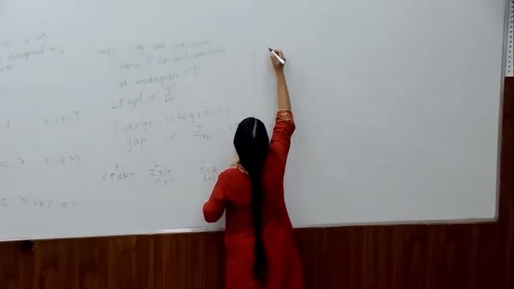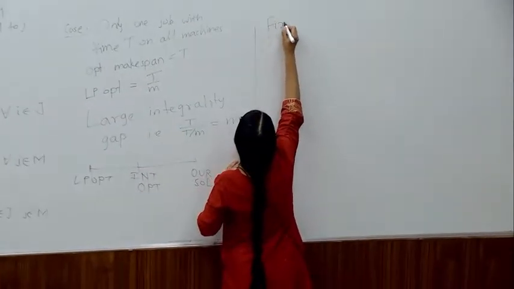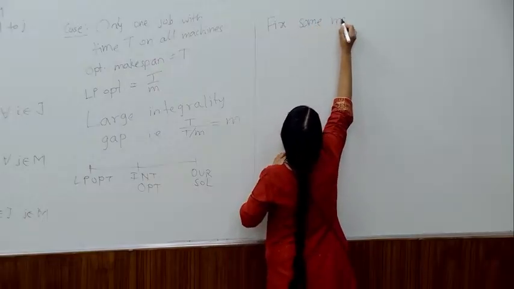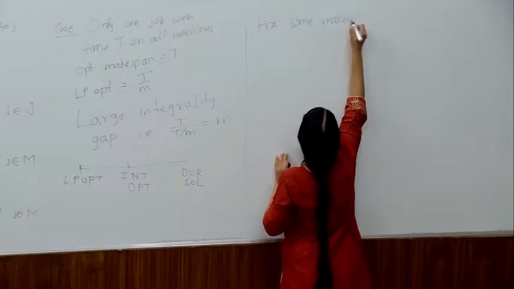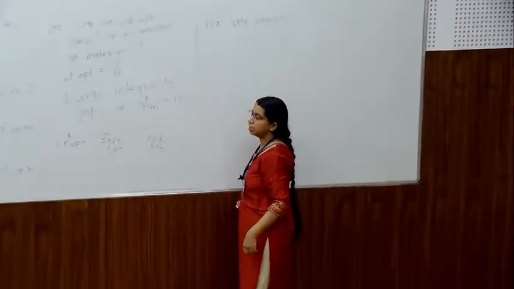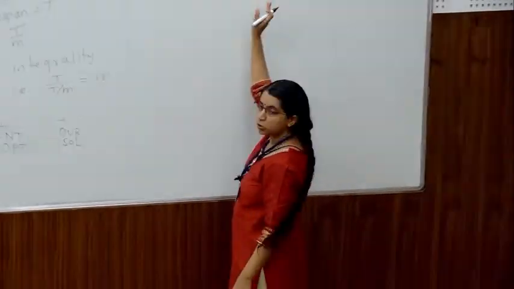So here we will actually fix some lambda. And we should not allow jobs to be scheduled on a machine if they have more than lambda processing time on that machine.